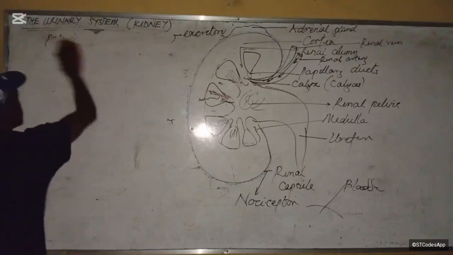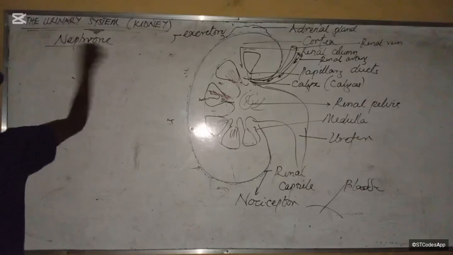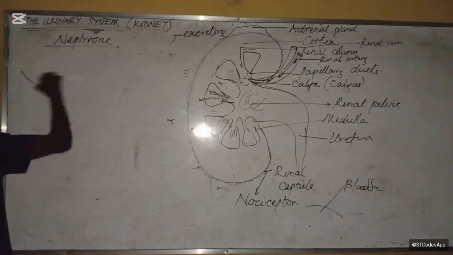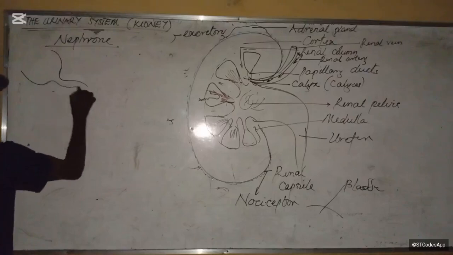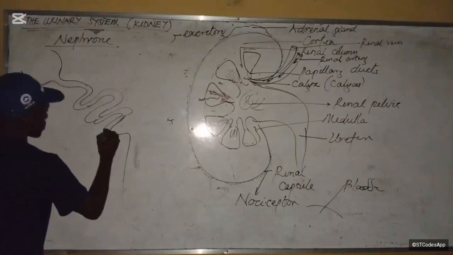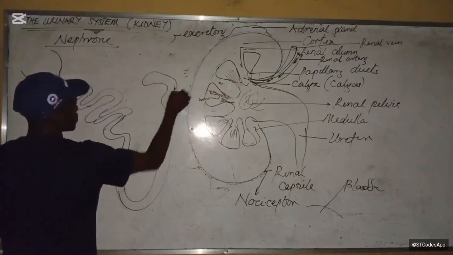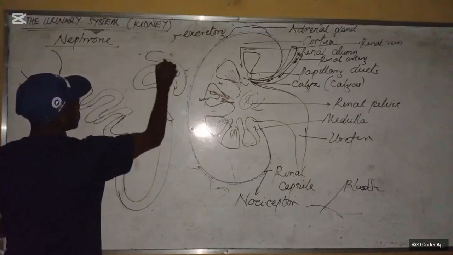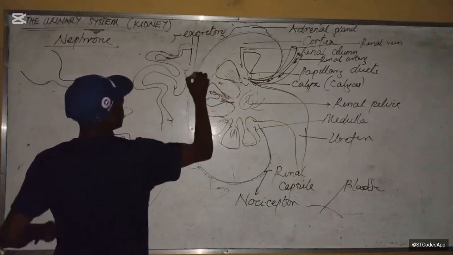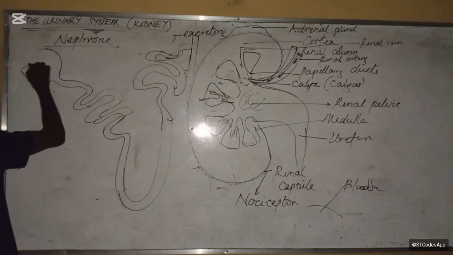Now, the nephron begins at a capsule that is known as the Bowman capsule.